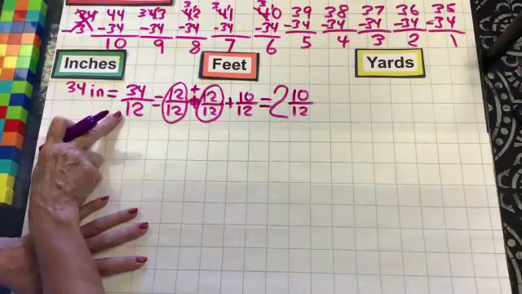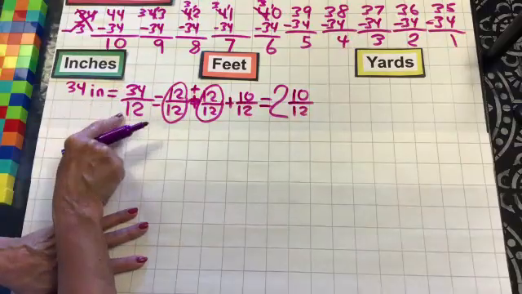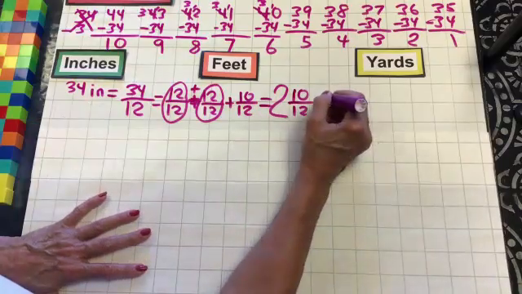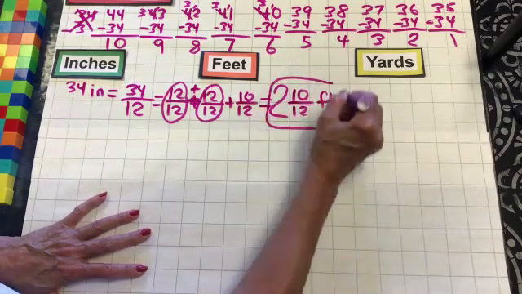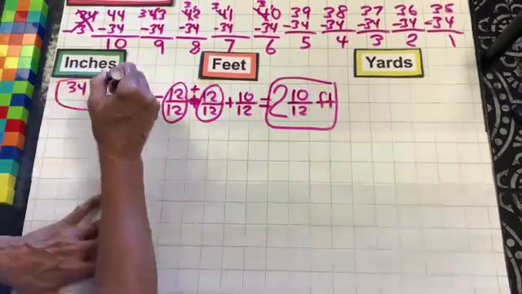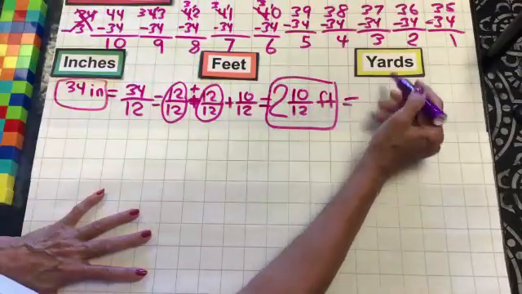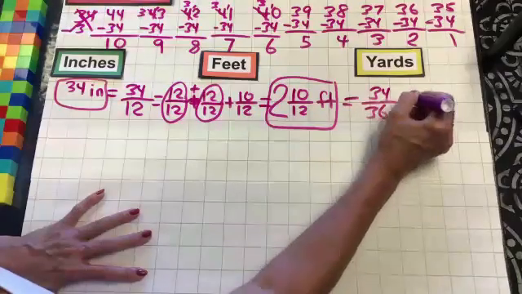And remember, this is an improper fraction here with a bigger number over the smaller number. And then when we have a whole number with a fraction, that's called a mixed number. So this is feet. We have 34 inches is the same as 2 10/12 of a foot, which is the same as 34 out of 36 to make a yard.